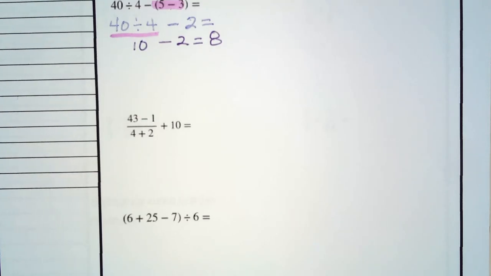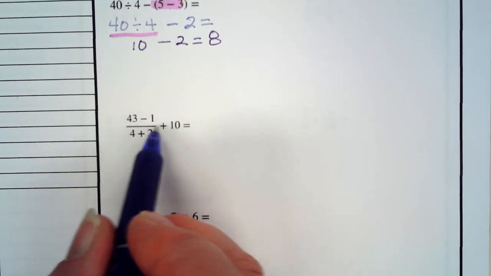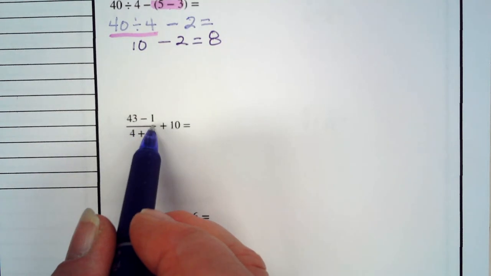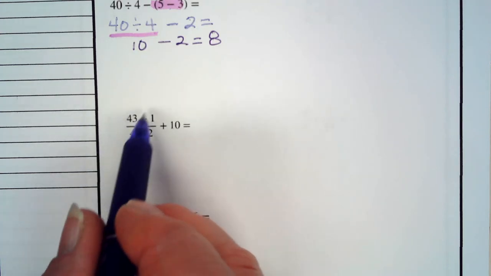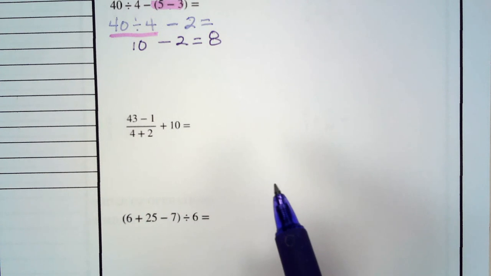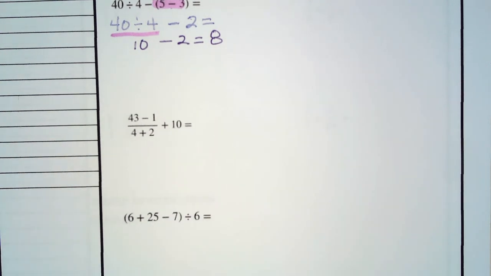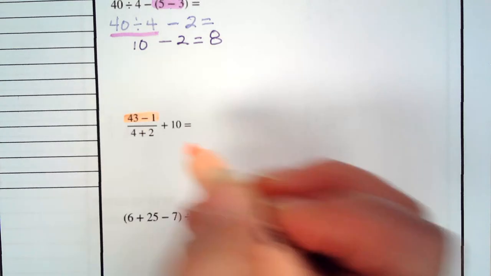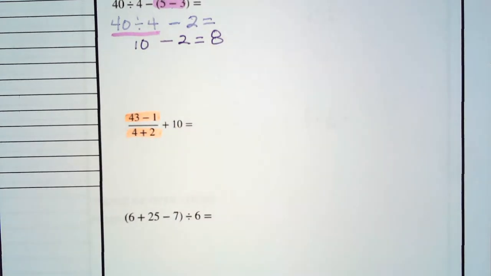Okay, what most students don't realize, that fraction bar is the same as putting parentheses around both of these. So you're thinking about parentheses. You have to do the top of your parentheses and the bottom of the fraction bar at the same time.